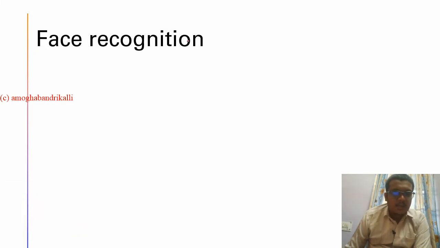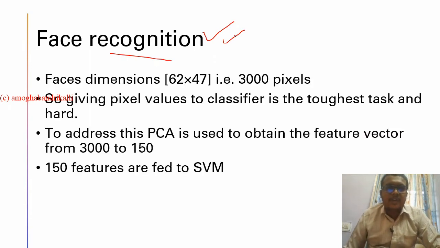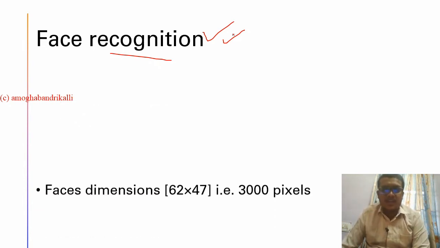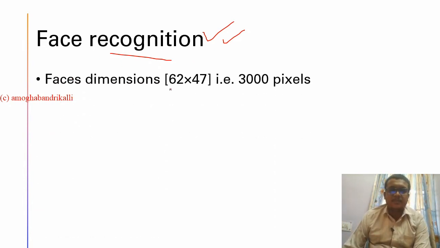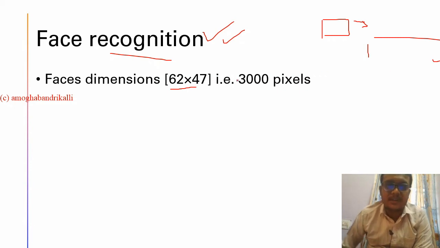Let me take another real-time example, that is face recognition. We are going to recognize faces. The image dimension is 68 by 46, so if you give an image, it will be converted into a vector of about 3000 values, in one vector.